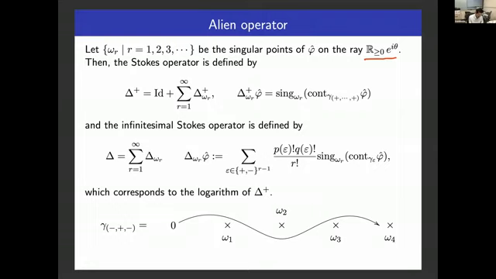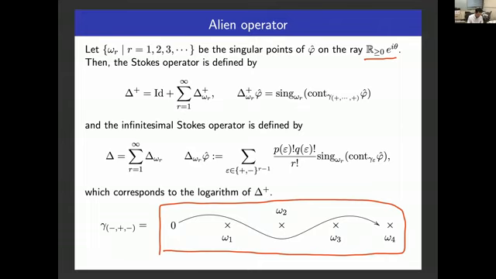So here is a picture, and this picture corresponds to theta equal to 0. In this case, we assume that singular points appear on the positive real axis. And all the singular points are exhausted by omega_1, omega_2, omega_3, omega_4, and the rest. So we assume that.